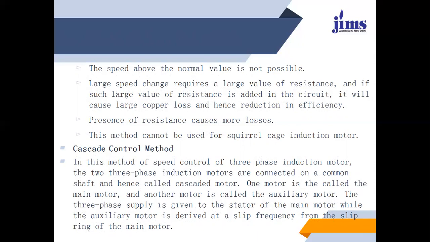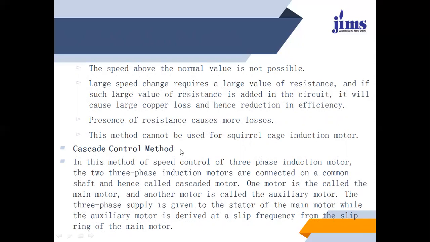So we have to compensate all that with the efficiency. Next, the presence of resistance causes more losses. Next, this method cannot be used for the squirrel cage type induction motor because in a squirrel cage there is a cage and we cannot make the connection to provide the external resistance at the rotor side.